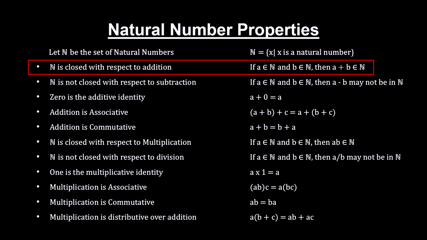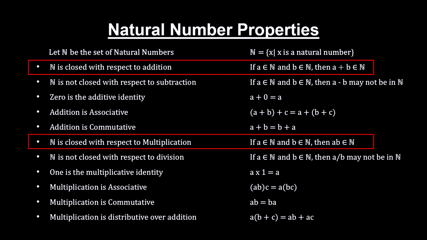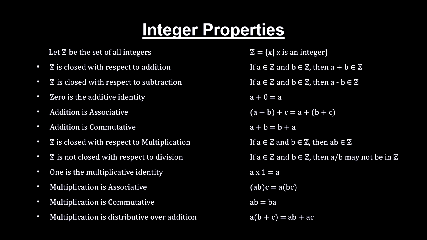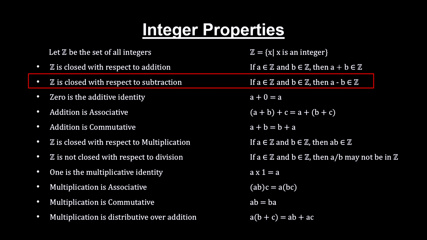Natural numbers are closed for addition and multiplication. By closed, we mean that these operations on numbers in the set produce numbers that are also in the set. When we include 0 and negative numbers, we get the integer number line. The set of integers adds closure for subtraction.